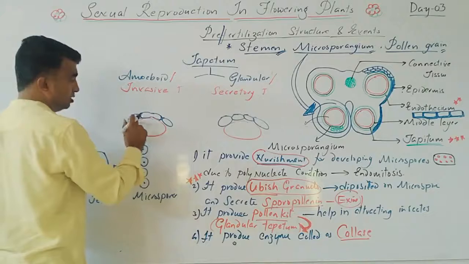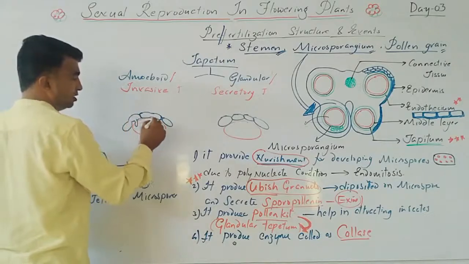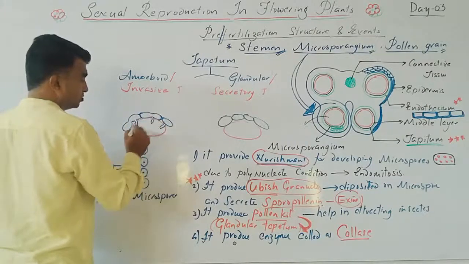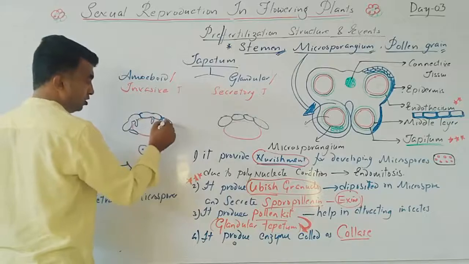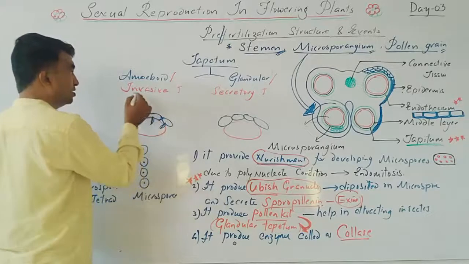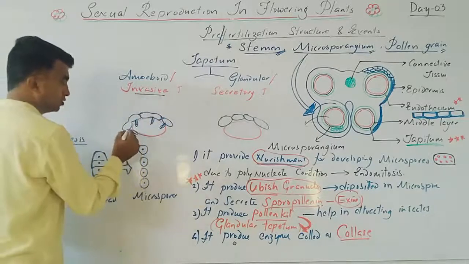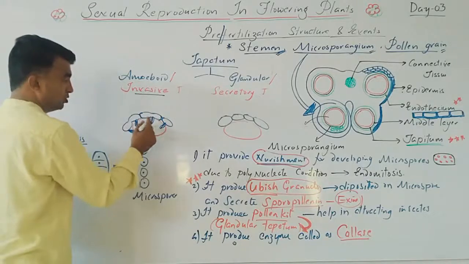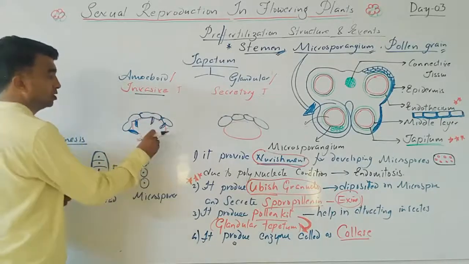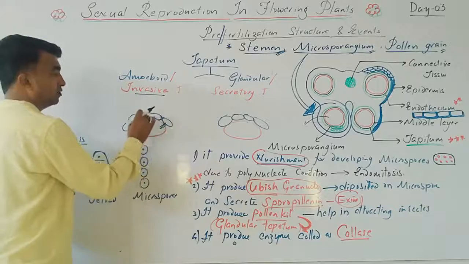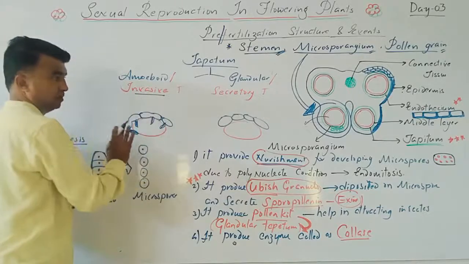This will produce pseudopodia, meaning projections inside the sporogenous tissue. That's why it is invasive. It will penetrate inside the sporogenous tissue and provide nourishment. After that, it also degenerates.